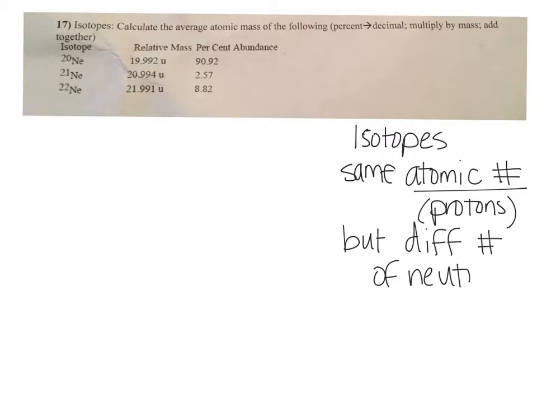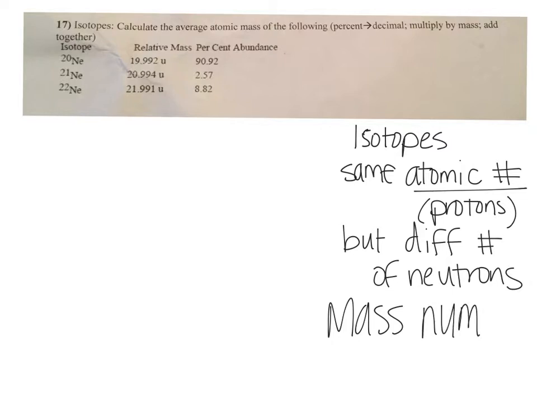So when we are dealing with an isotope, we are dealing with the change in that mass number, okay? And so when you name your different isotopes, as you can see, these guys are all neon. We would call this neon 20, neon 21, neon 22. You're defining it by its mass number, okay? It's telling you your different number of neutrons.